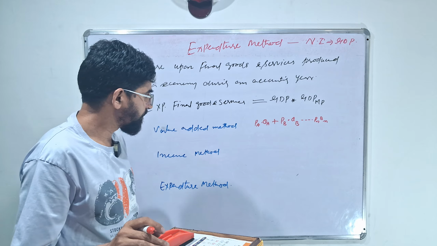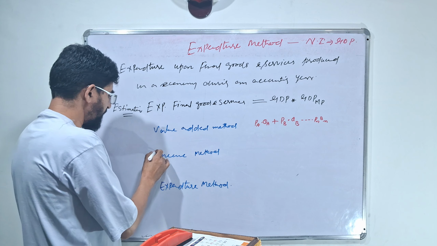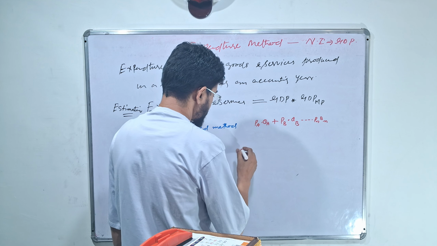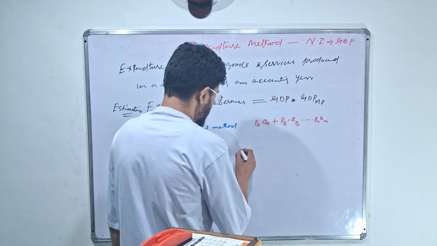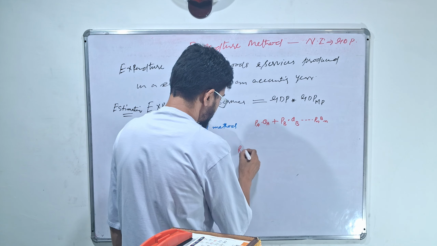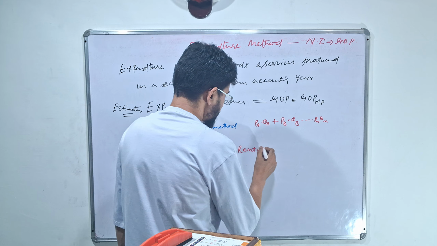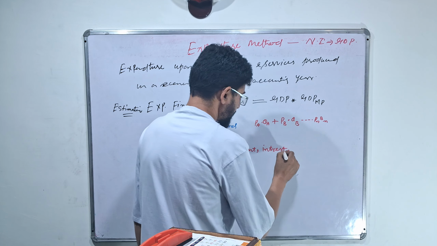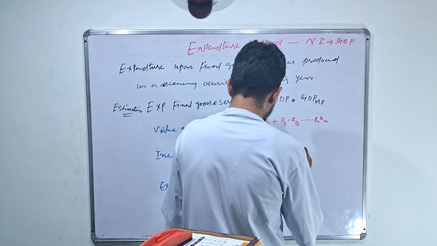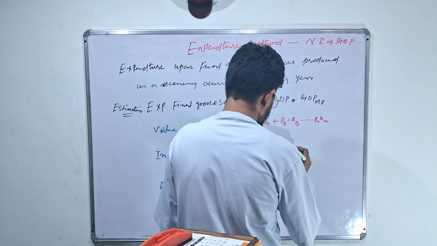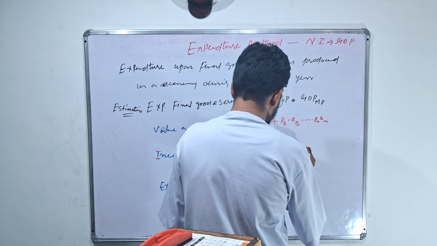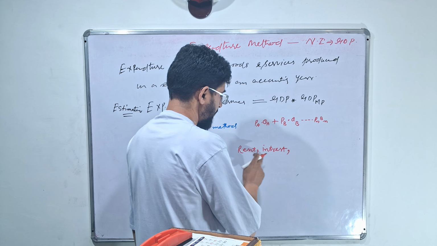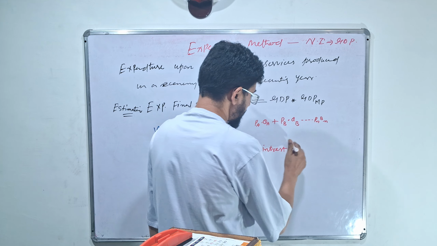Similarly, when we read the income method, I told you there are factors of production: land, labor, and capital. From land we generate rent, from capital, interest, from labor, wages.